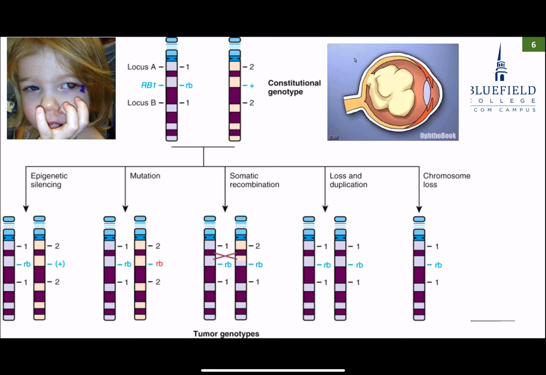Various mechanisms leading to the loss of function can be epigenetic silencing, mutation, somatic recombination, loss and duplication, or chromosomal loss, that results in the second hit.